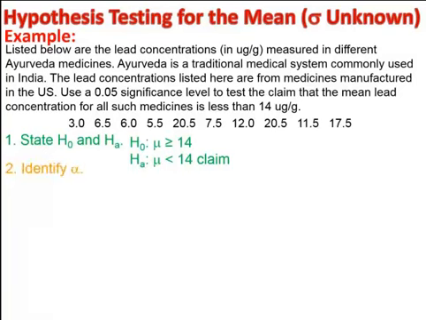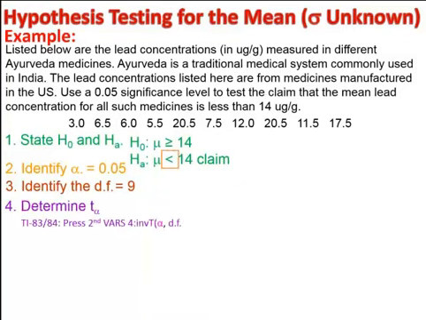We are going to find our critical value using alpha, which is 0.05, and the degrees of freedom. In this case, you have to count the data. So we have 1, 2, 3, 4, 5, 6, 7, 8, 9, 10. 10 data pieces, and the degrees of freedom is 1 less, so we end up getting 9 as the degrees of freedom.